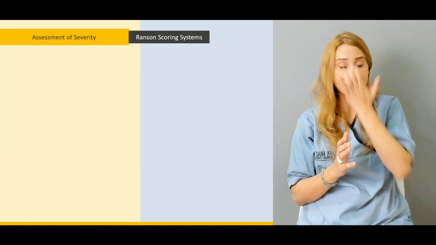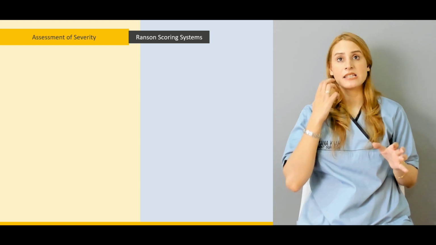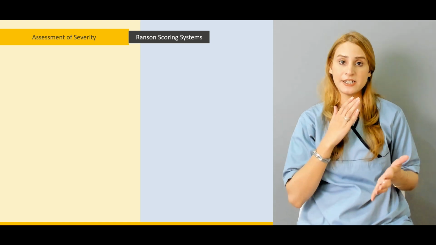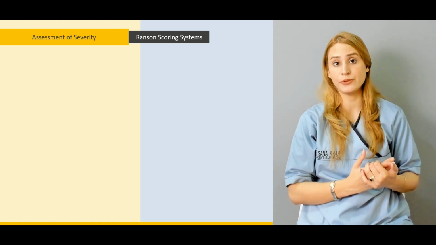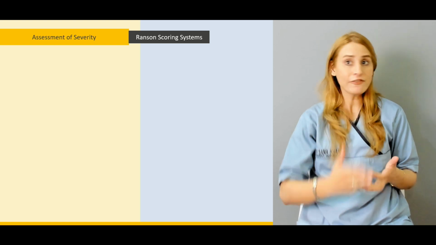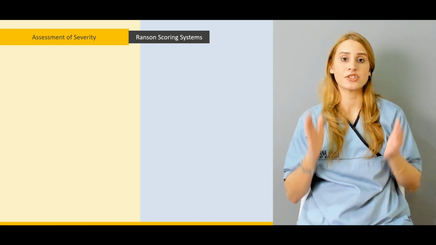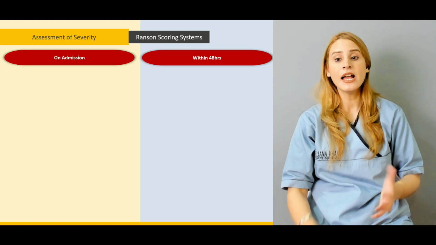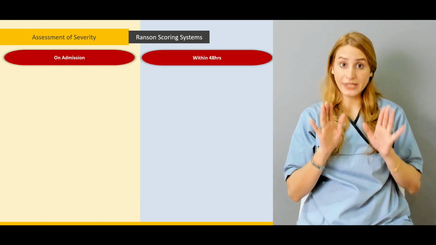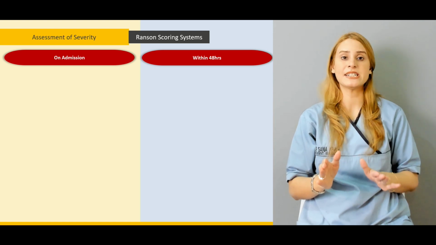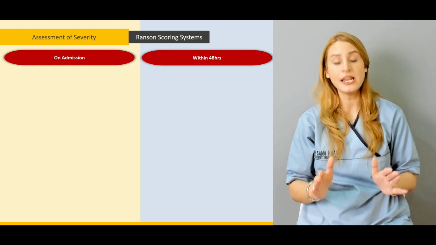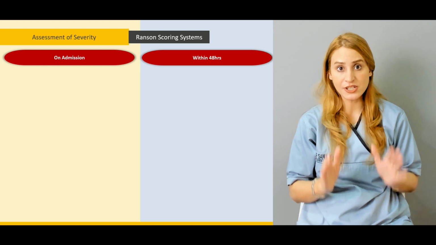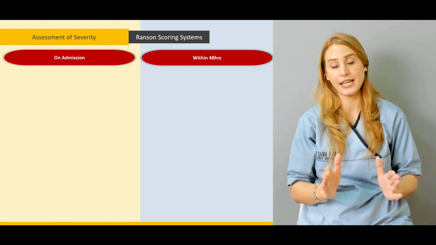So actually, this Ranson scoring criteria is first calculated when the patient reports to you in the ER, and after 48 hours of admission, there is also a revision of the criteria. This Ranson criteria is very important because it's going to help you determine the severity of the pancreatitis.